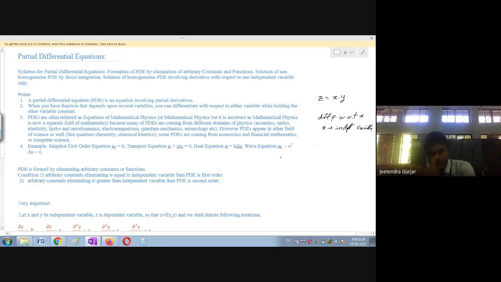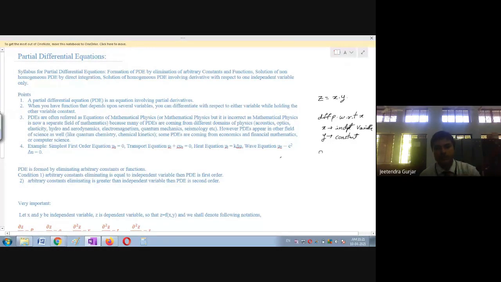So you can see it is the independent variable. Now can anybody tell me what will be y? Yes, please just think what will be y. Yes, you are right. You are going to hold this y as constant. Okay, so this is how you are going to differentiate.